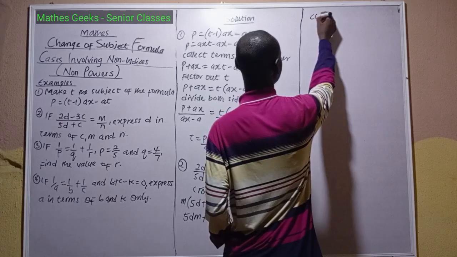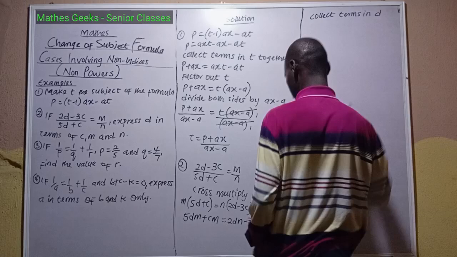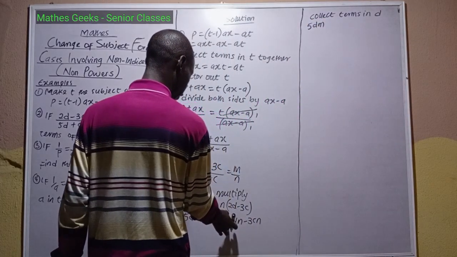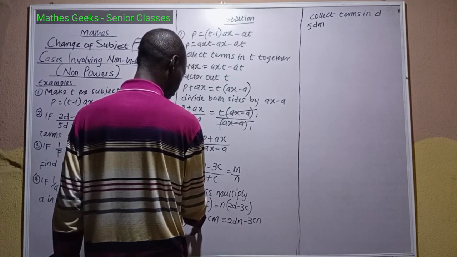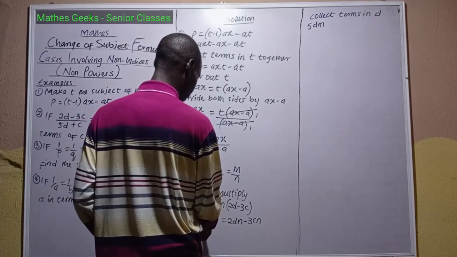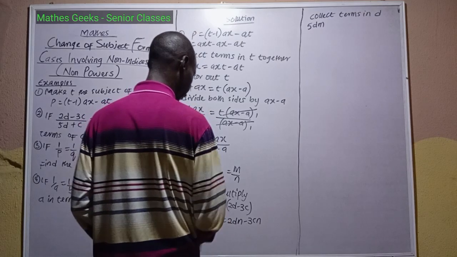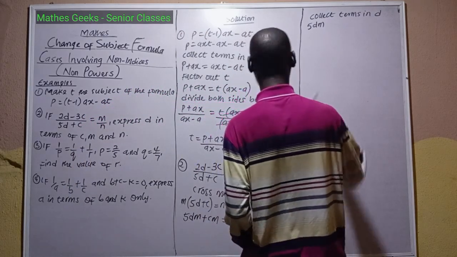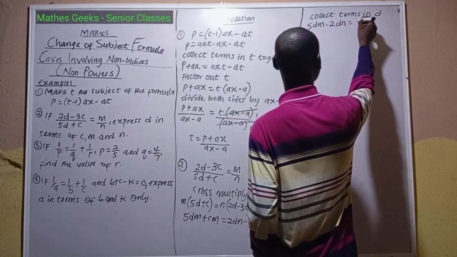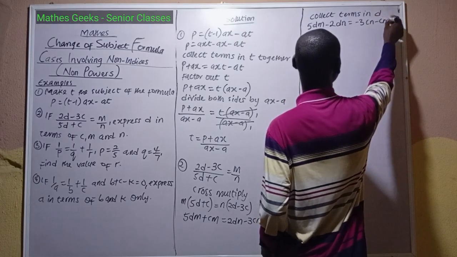The term in D, 5DN, is positive. It needs to cross the sign to get to the other side of the equation, so when it does that, it's going to be negative, while the other term will cross the sign to get to the other side of the equation, but when it does that, it becomes negative. So 5DN minus 2DM is equal to minus 2CM minus CN.